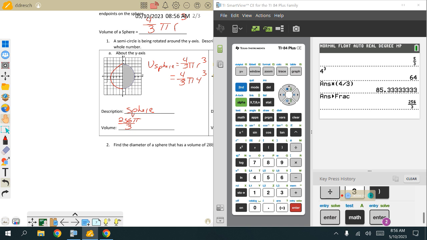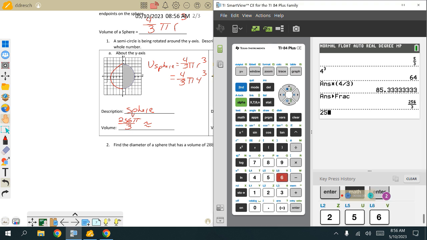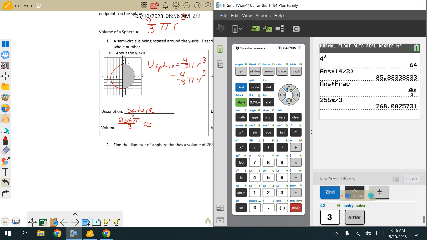Now, directions do say round to the nearest whole number, so let's go back to our calculator and complete that by putting pi actually in there and dividing that by 3. Nearest whole number is going to be what? 268. We don't have units, so we just say generic units cubed. Okay.